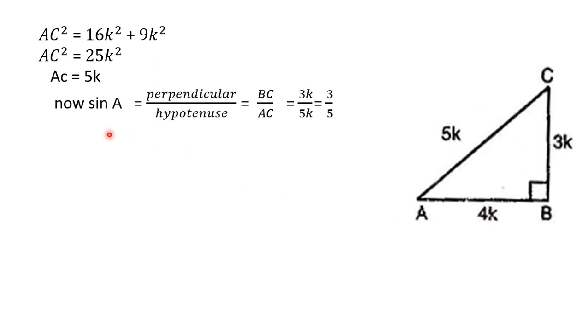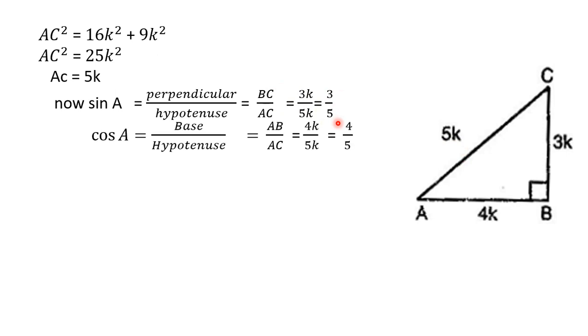Now we can find the value of sin A. With respect to A, sin A is perpendicular upon hypotenuse, that is equal to BC upon AC, and it is 3K upon 5K, and K will cancel out, so we get sin A is 3 by 5. In the same way, we can find cos A, that is base upon hypotenuse.